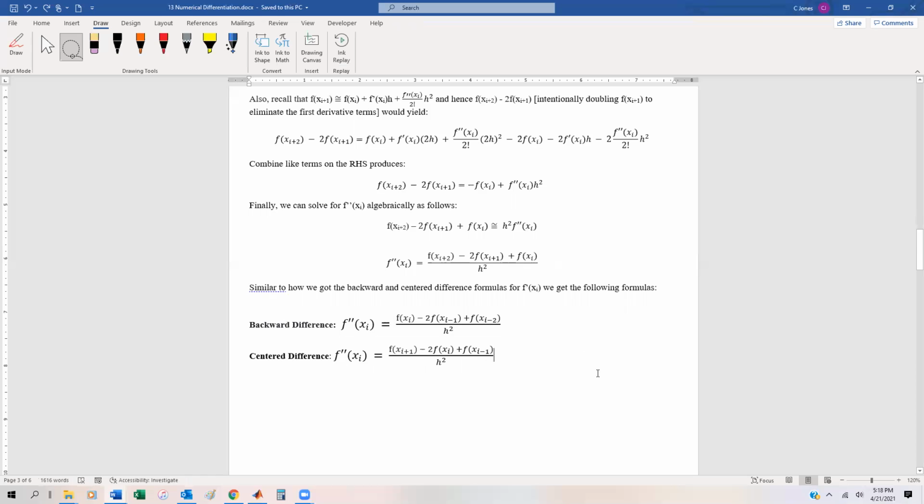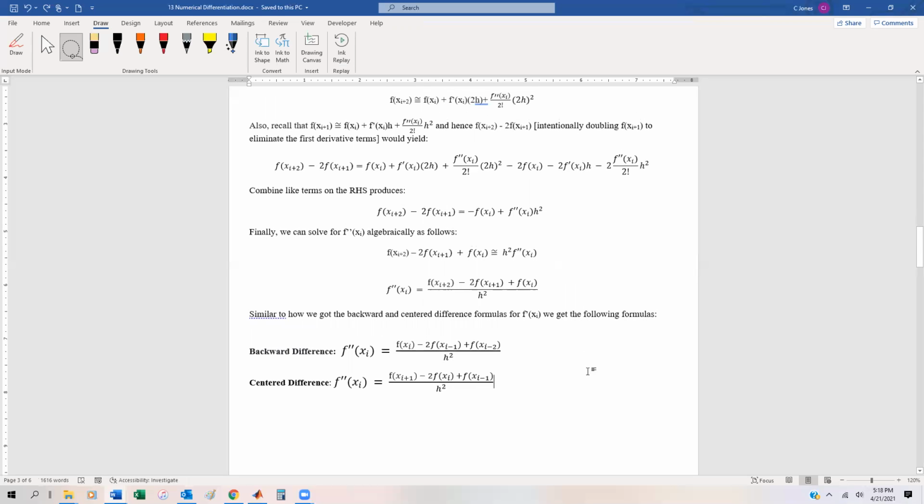Just like we did before, we could get to our centered difference formula by adding those together and then dividing by 2. In other words, we take the forward difference, we take the backwards difference, we add them together, and then we divide by 2 to get the average of those. And what you'll notice is that if you do that, we have an f x sub i, we have an f x sub i, so that's 2 f x sub i's.